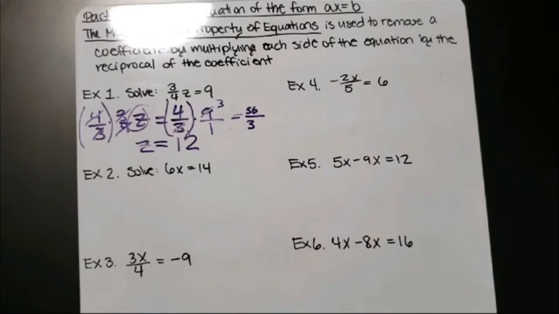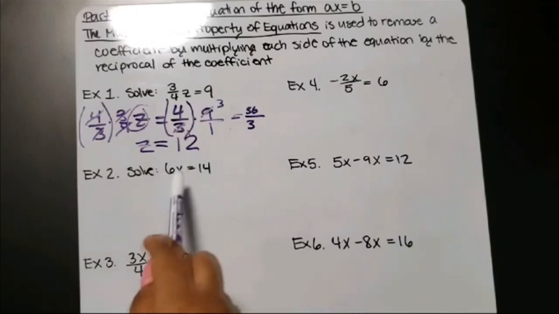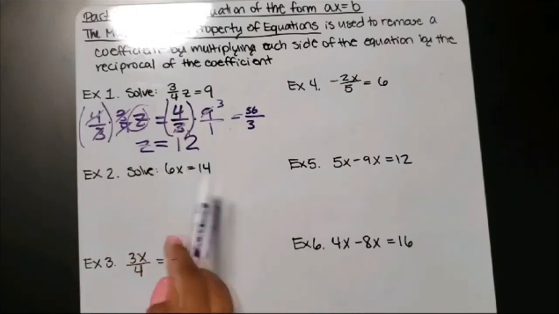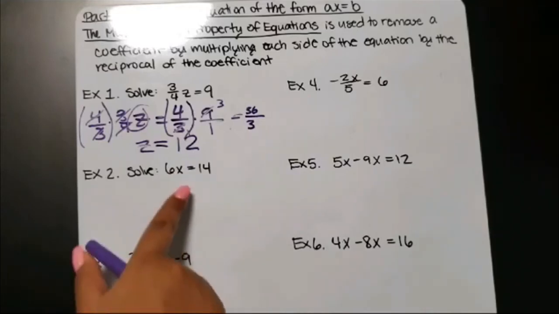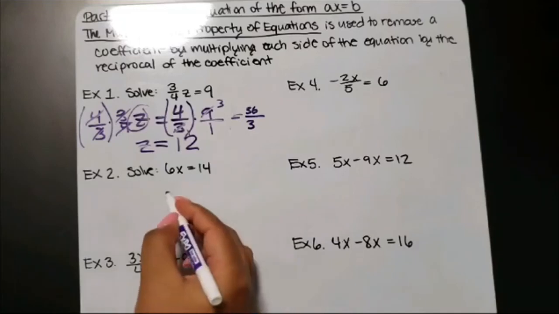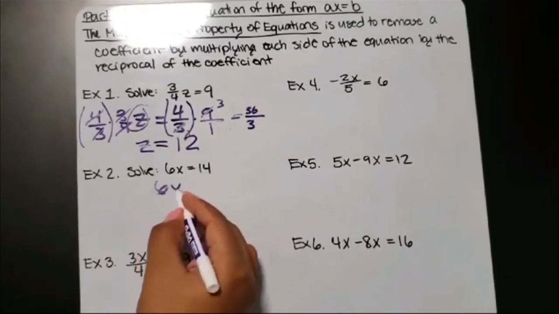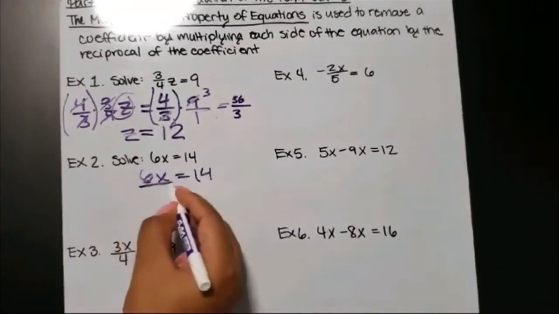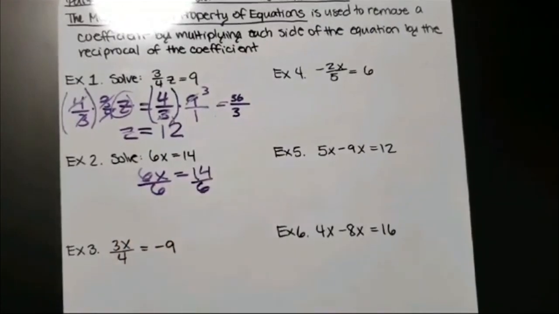All right. So let's look at example 2. For example 2, we don't have a fraction. So we see that we have 6x equals 14. So we know that we want the x by itself. The 6 is stopping the x from being by itself. So we have to think, what is the 6 doing with the x? The operation is multiplication. So a way to get it to the other side is by doing division.